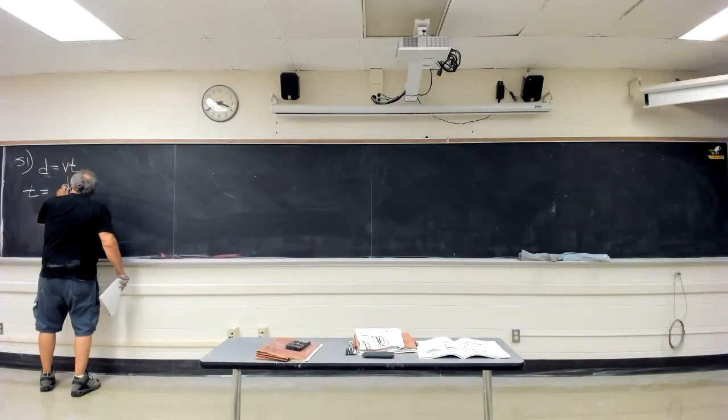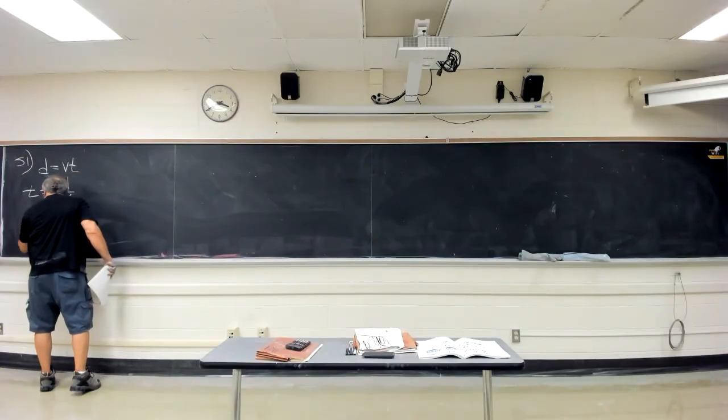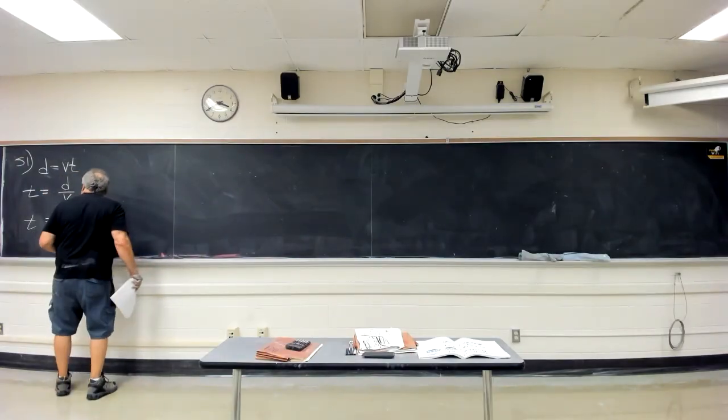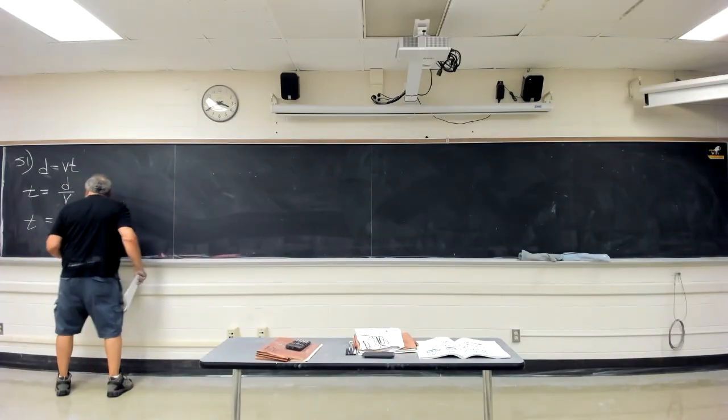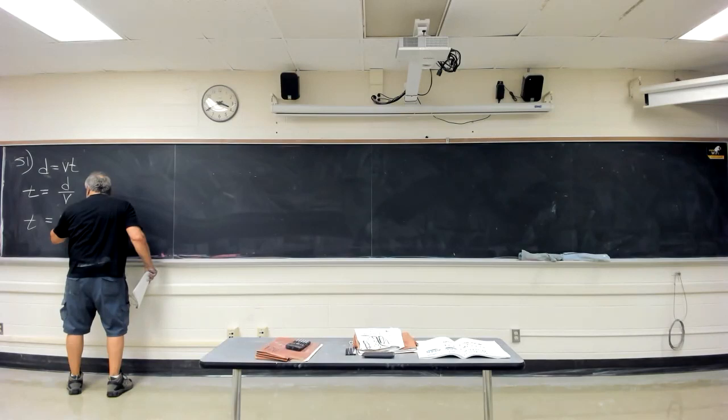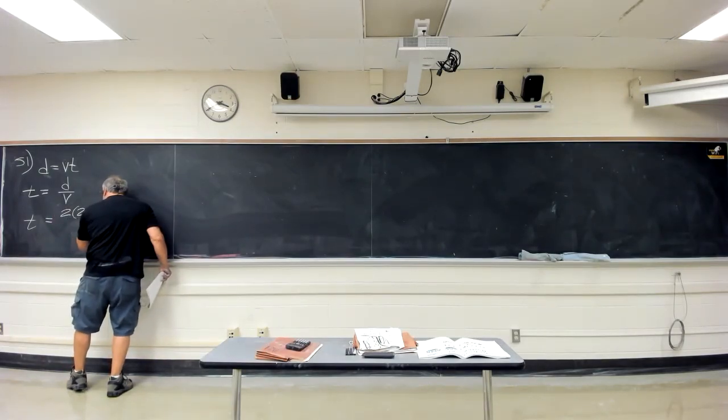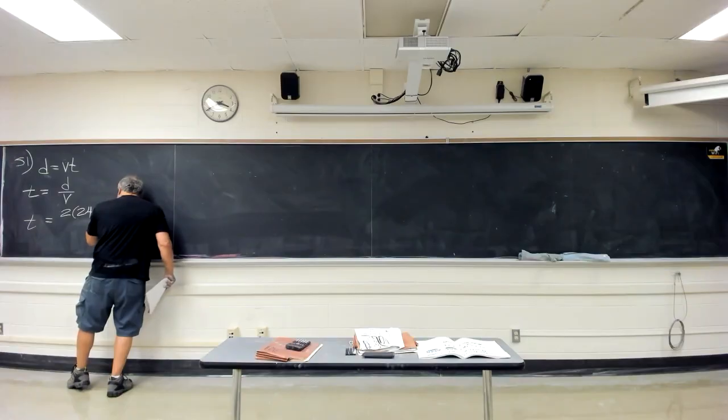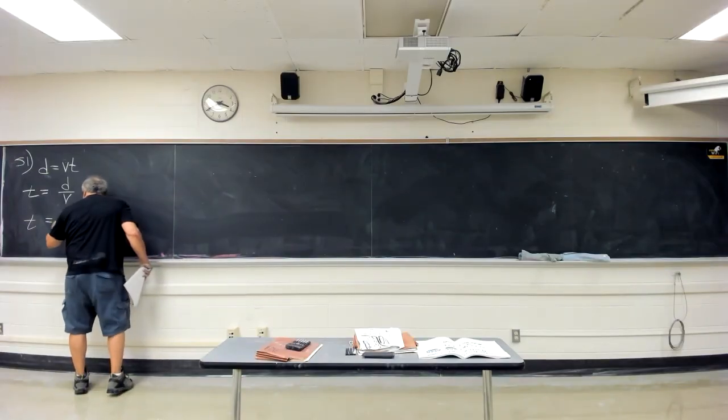Time is equal to distance divided by v. The distance to get there is 24.9 kilometers, and then to come back is 24.9 kilometers. So 2 times 24.9 kilometers, it's got to go there and come back.